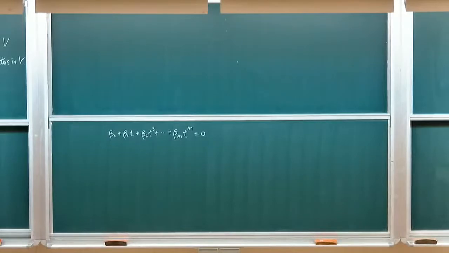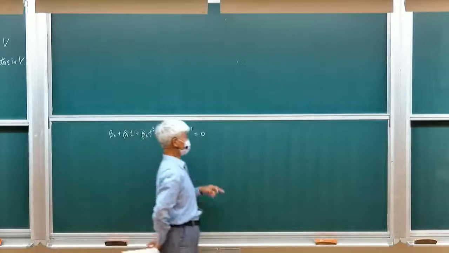So any linear relation on B, because a linear relation is just a linear combination of vectors in B, you collect finitely many of them from this collection, and let it equal the 0 polynomial.